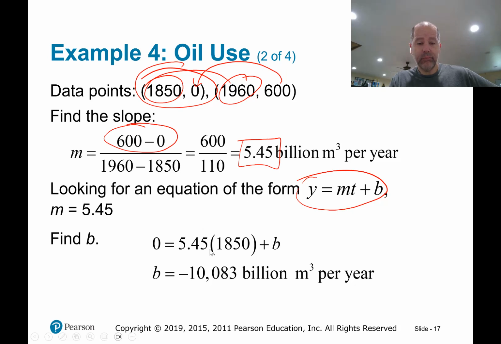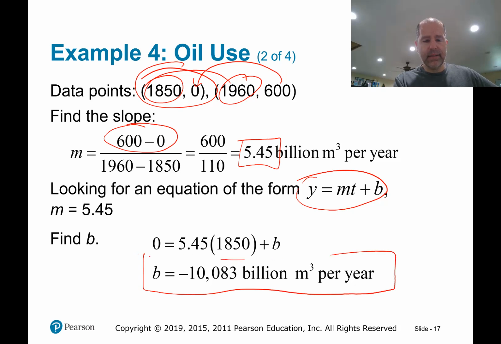Now immediately, in this context, that is the y-intercept, but you always ask yourself, does it make sense in the context of the problem? Here it does not make sense because we can't have negative usage of oil, right?